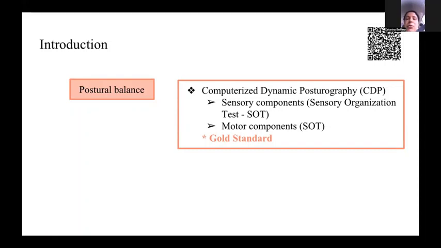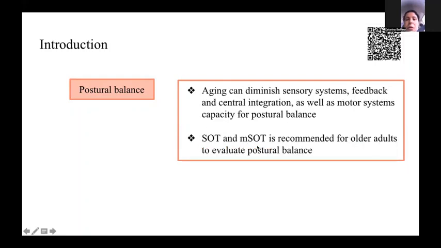This is the gold standard mechanism to assess postural balance. Next slide, please.